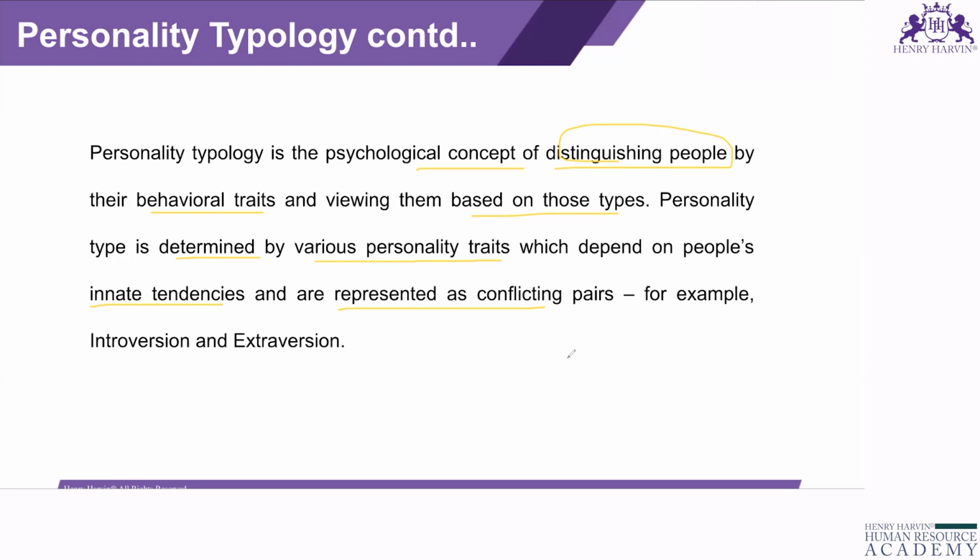Out of each pair, an individual will be either E or I, so either the person will be introvert or extrovert. We have to see the percentage of how much the person is introverted and extroverted.